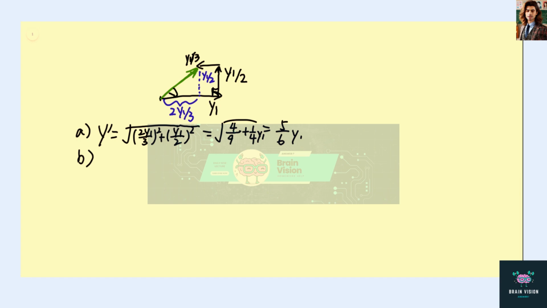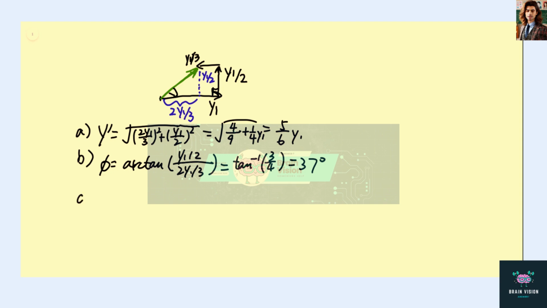And second, to find the angle, the phase difference phi equals arctangent of y1 over 2 divided by 2y1 over 3, which is arctangent of 3 over 4. This is roughly 37 degrees.